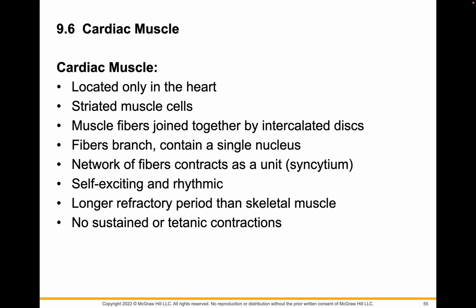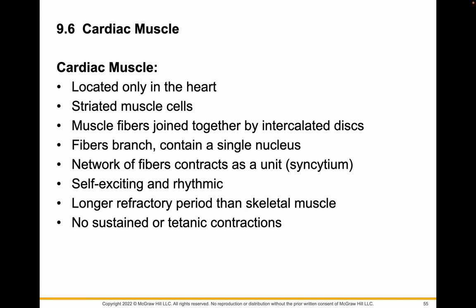Now, cardiac muscle, we know, is located in the heart, is striated, and has these intercalated discs. The fibers are branched, and they only have one nucleus. The networks of fibers do contract as a whole unit so that you have this syncytium, right? Remember the atria contract in systole, and then the ventricles contract in systole in a rhythm.